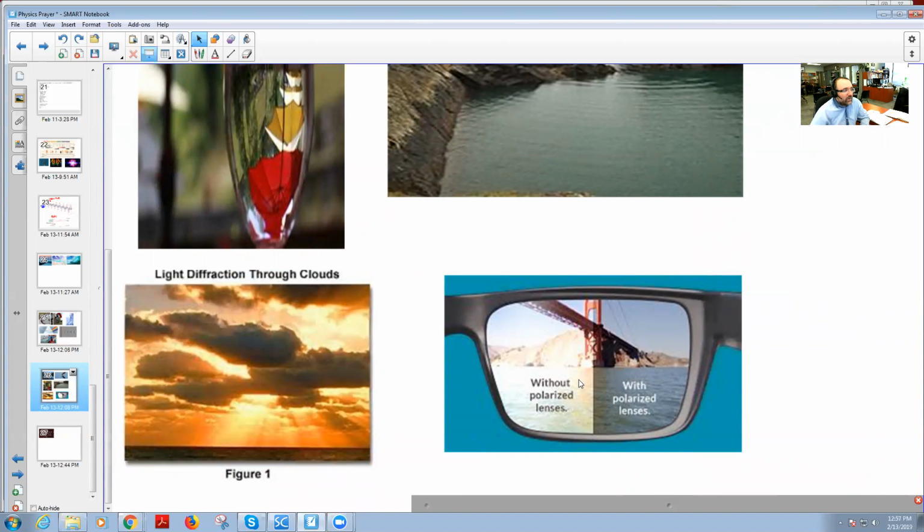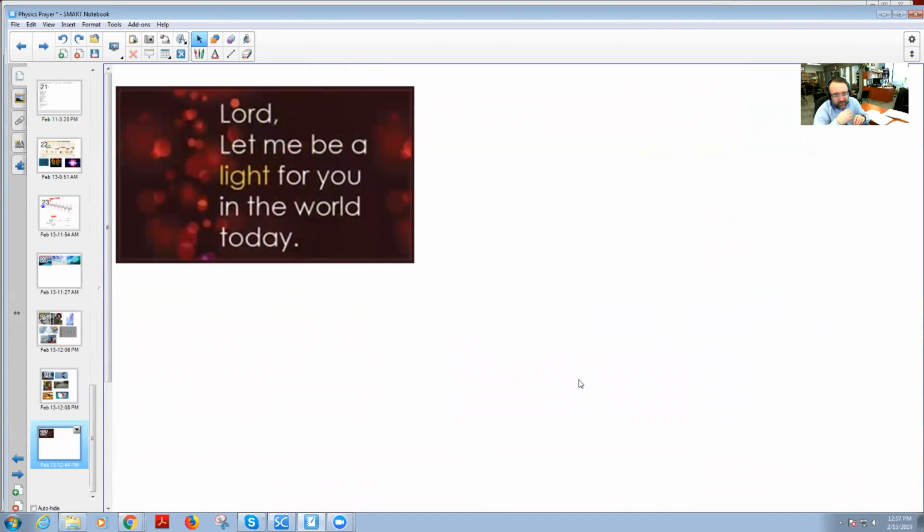Let's end with prayer here. Let's put ourselves in the presence of the Lord, the Father, Son, Holy Spirit. Amen. Lord, let me be a light for you in the world today by helping students get a better grasp of the scientific terminology that we learn in physics: refraction, reflection, diffraction, prisms, internal reflection, and polarization too.